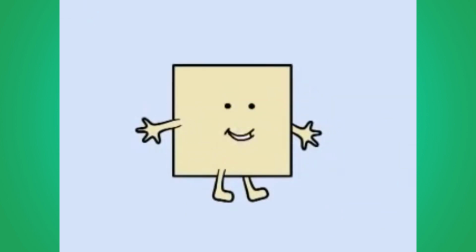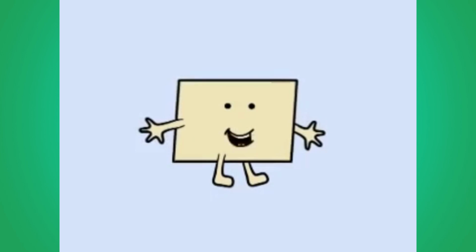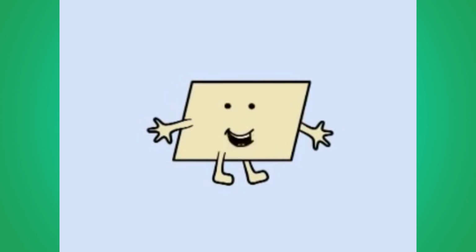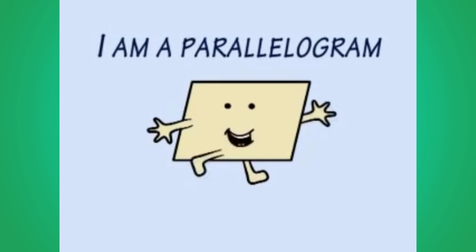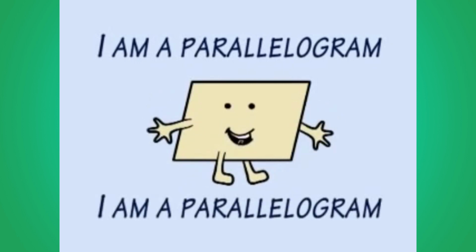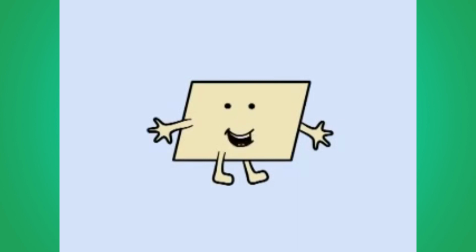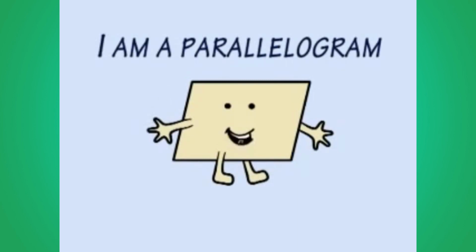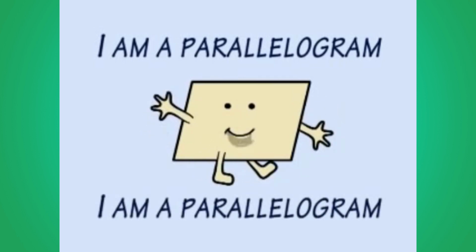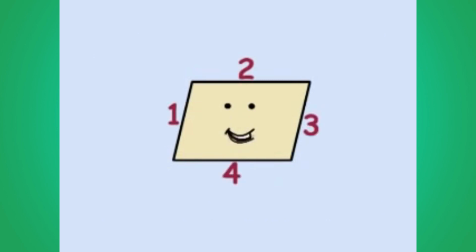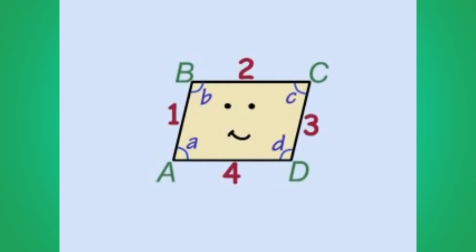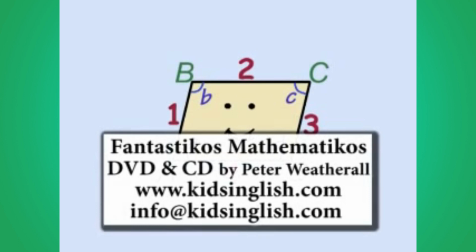I can be a square or a rectangle, or I can lean over at an angle. I am a parallelogram. I am a parallelogram. Opposite sides are parallel, and that is how you can tell I am a parallelogram. I am a parallelogram. My 4 sides are straight, but the angles at the corners they make aren't always 90 degrees.